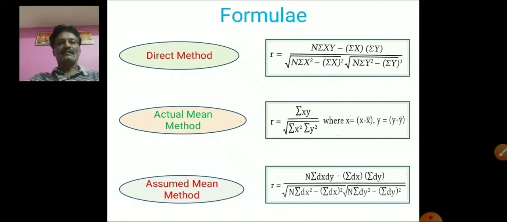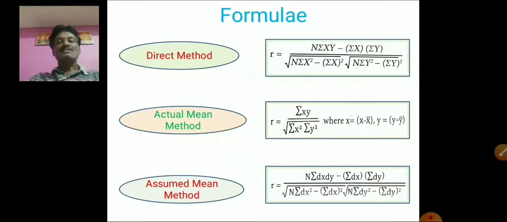Now the second method, the formula for the actual mean method. You use the actual mean method when you are calculating the x bar and y bar values, that is the average value for x variable and y variable, and both the average values are not in fraction. If the x bar and y bar values are whole numbers, at that time only you can apply the actual mean method.